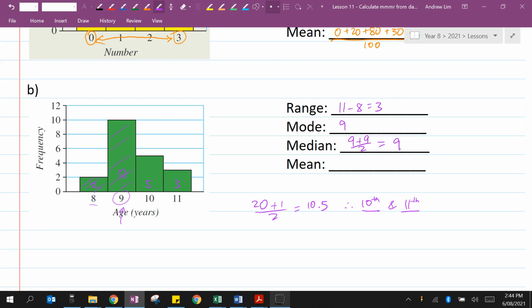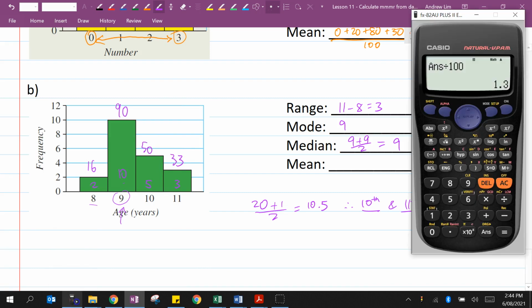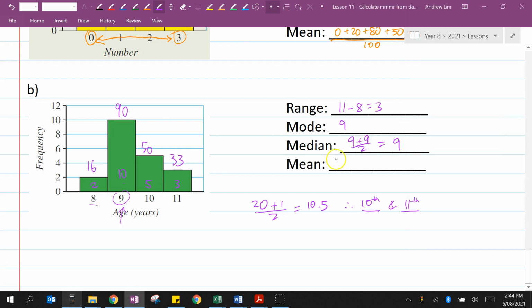And if we were to work out the mean, okay, we've got 8 times 2 is 16, 9 times 10 is 90, 10 times 5 is 50, and 11 times 3 is 33. So I'm going to add all of them together. That's 189, and then I'm going to divide it by how many people there were. Well, we already added these 4 numbers.